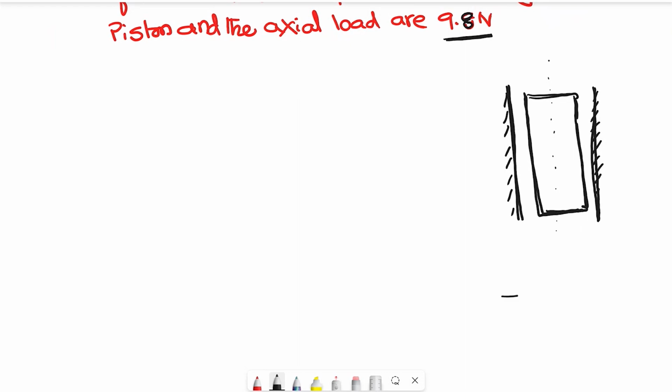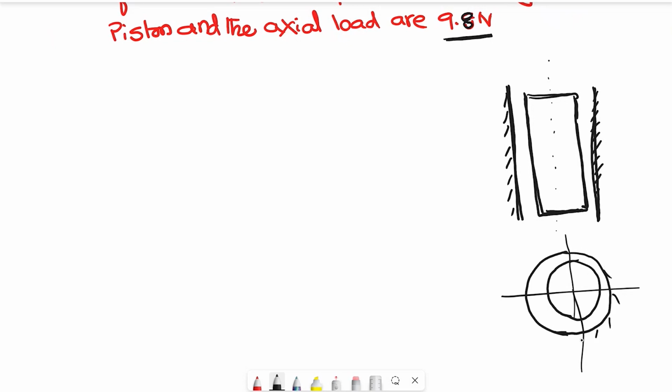If I draw in plan how it looks, this is the piston and this is the cylinder. This cylinder is fixed. The inside one is the piston, and the outer one is the cylinder.